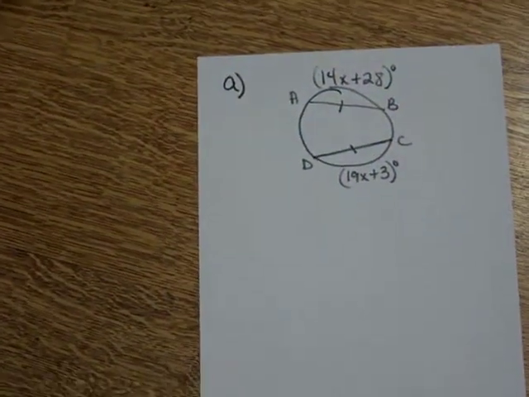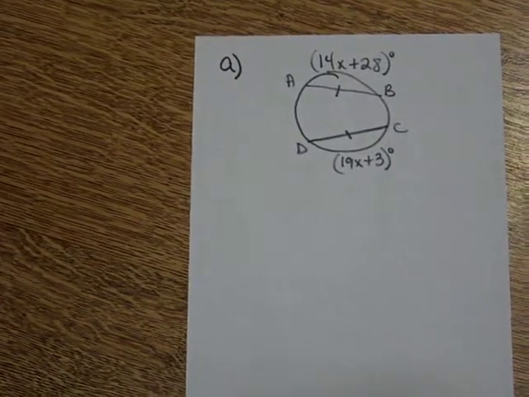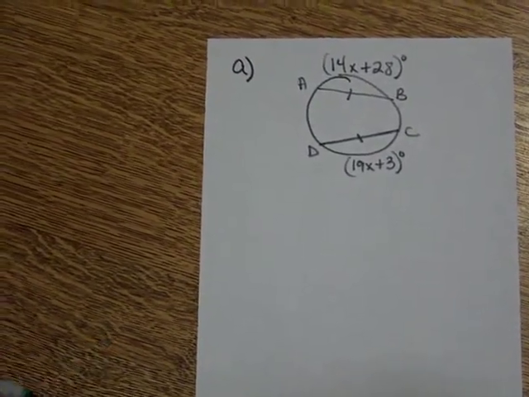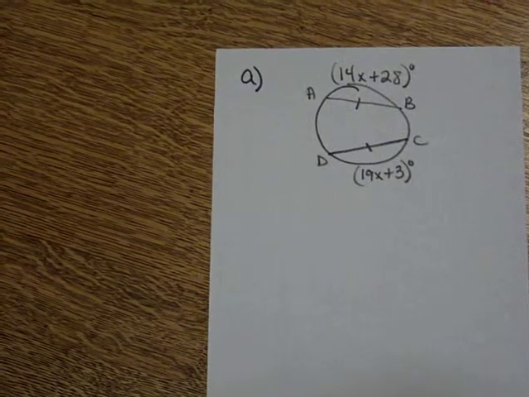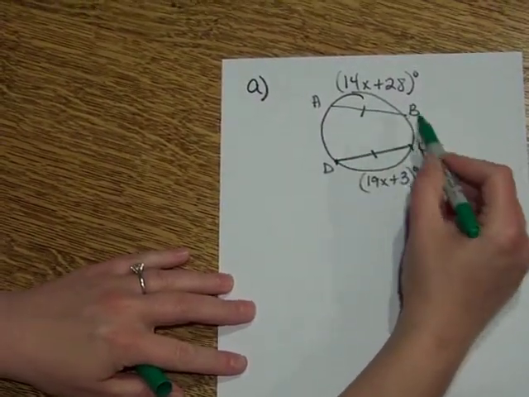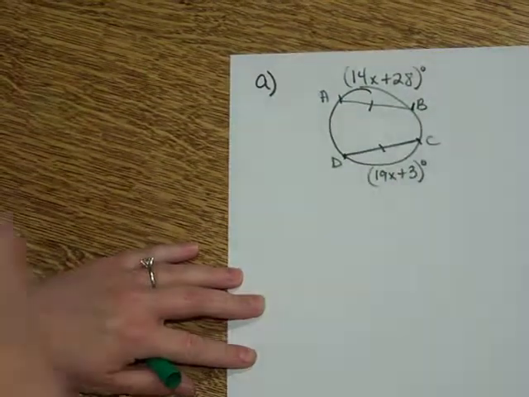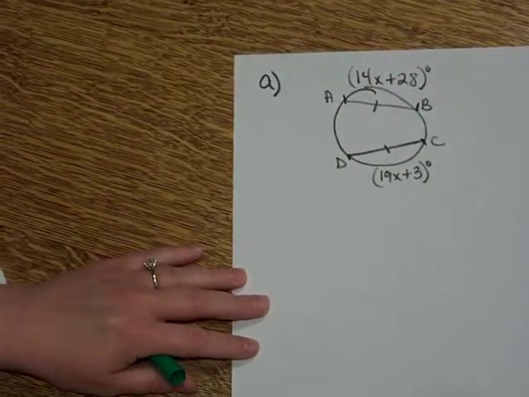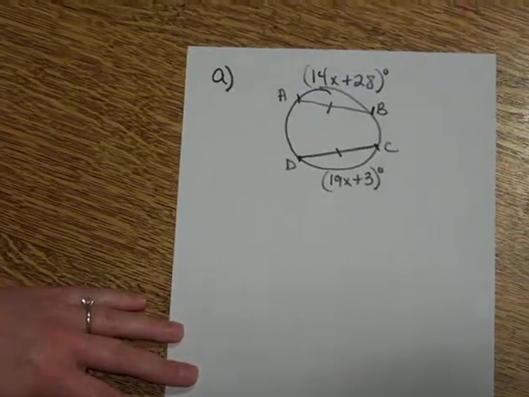Let's look at example A. Solving for x here. I have congruent chords. Their intercepted arcs must therefore be congruent. If they're congruent, then their values must be the same.